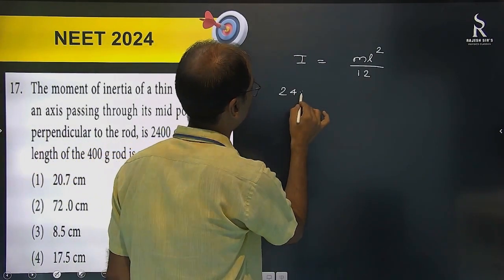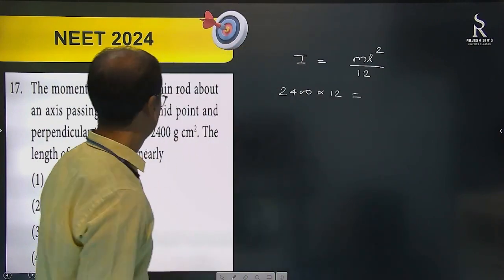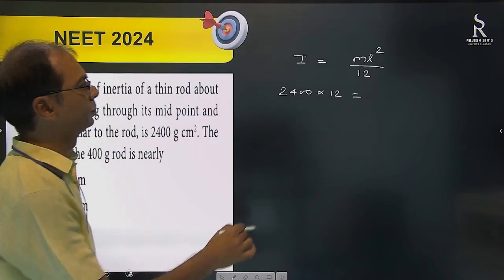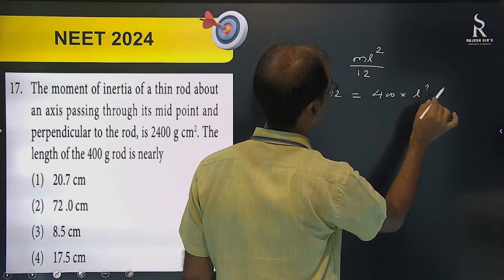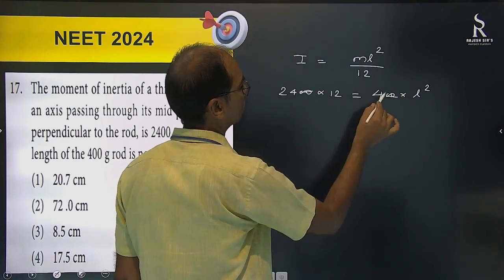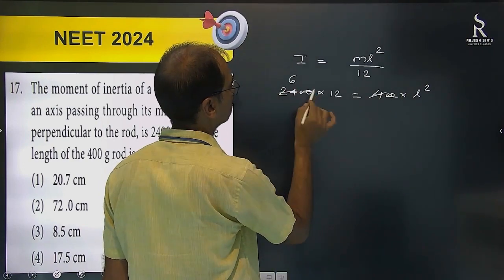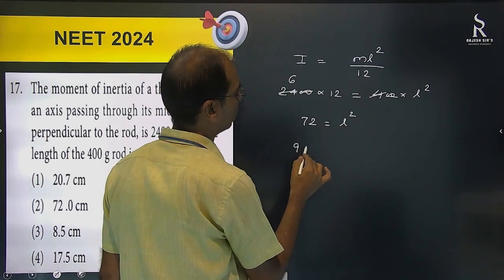So 2400 into 12 equal to mass, which is also given, 400 gram, into L square. Everything is in CGS. Okay. So this is cancelled. This is 6. So this comes out to be 72. Now 72 you can write as 9 into 8.